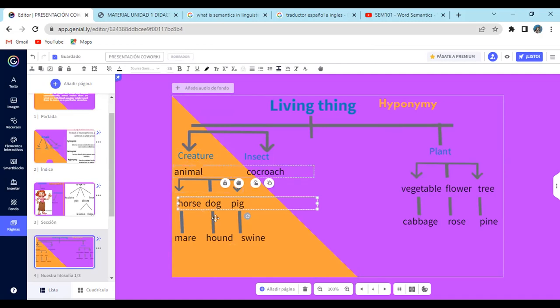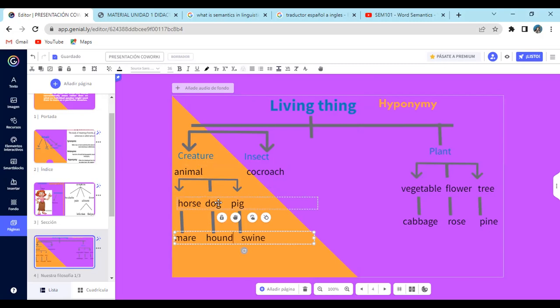We have here hound. Hound is a word that is describing the word dog. I know that this is a noun. But you know that in syntax we study the parts of speech.